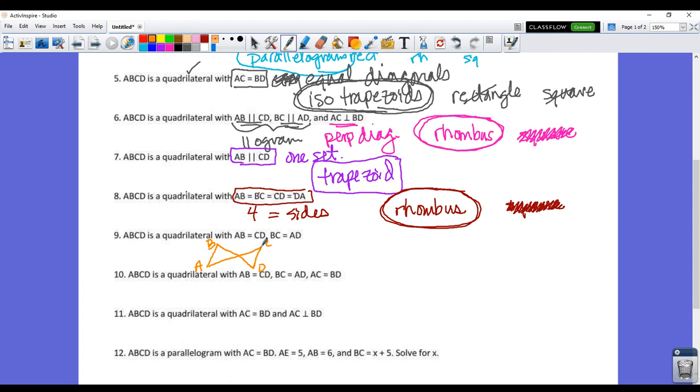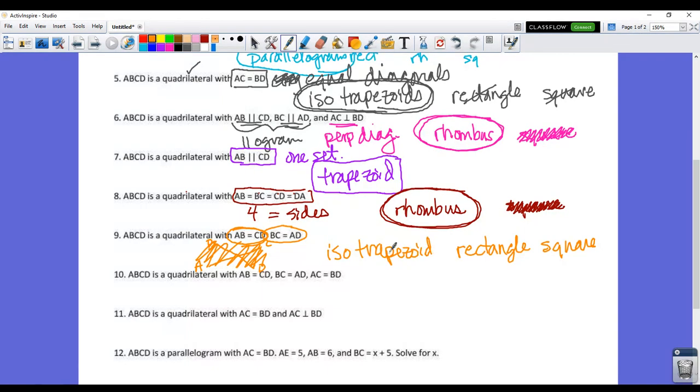This is a very bad picture because, of course, the diagonals probably aren't congruent here. So opposite sides are equal and congruent diagonals. That happens in a couple of things. That happens in a rectangle. That happens in a square. But that also happens in an isosceles trapezoid.